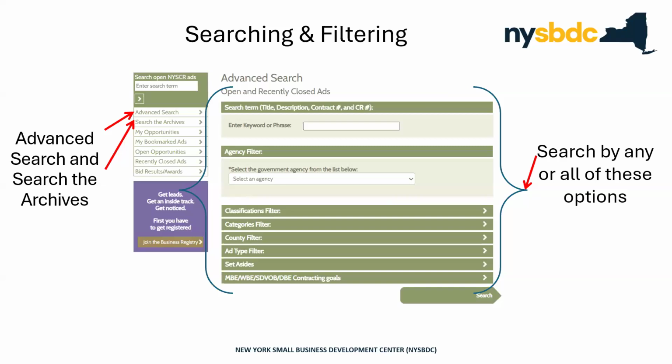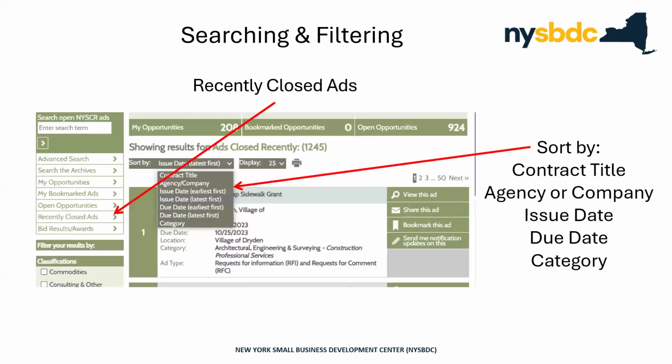Both advanced search and search the archives will give you this screen, and they can be searched by any or all of these options. And as you can see, many of the filters have drop downs with more options, which are the arrows. So you can become very specific or you can be very broad. It all depends on how you want your information and what you're looking for.